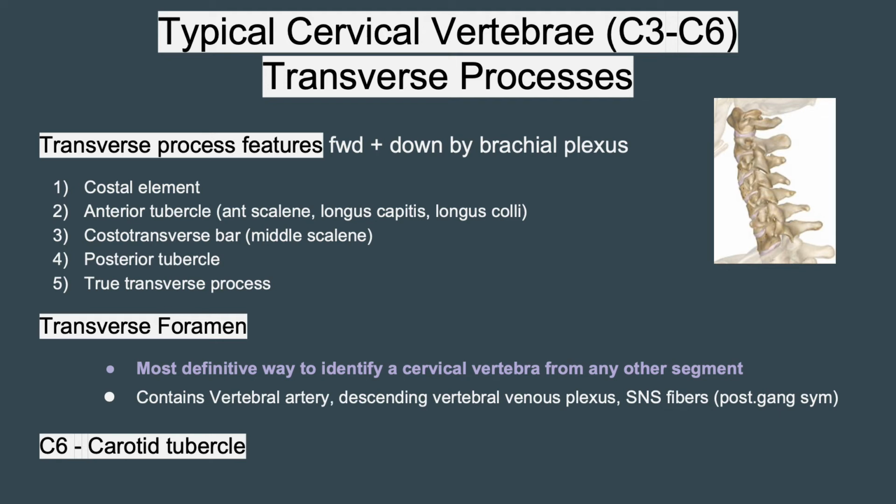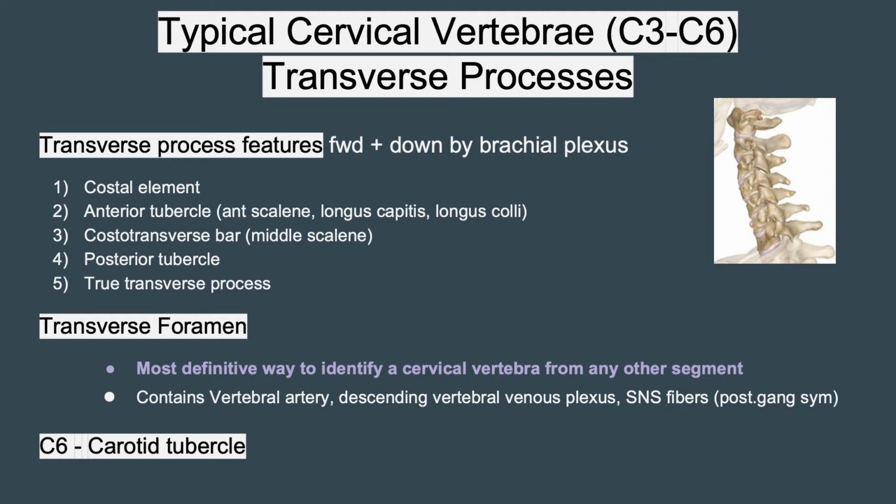visually. And then as far as all of these muscles that are attached, this is what I would recommend. I would recommend knowing what's attached on the anterior tubercle, know what's attached on the costotransverse bar, and then everything else is attached on that posterior tubercle. Learn less to know more, because there's a lot of information and you already have a lot of information to know.